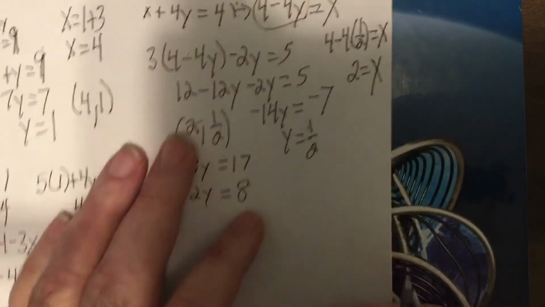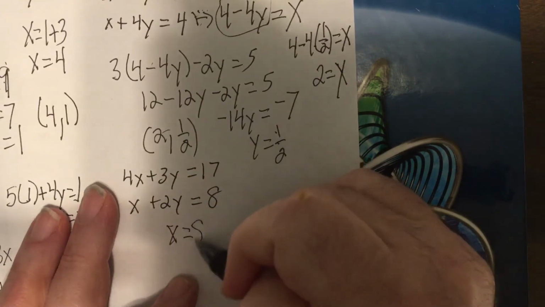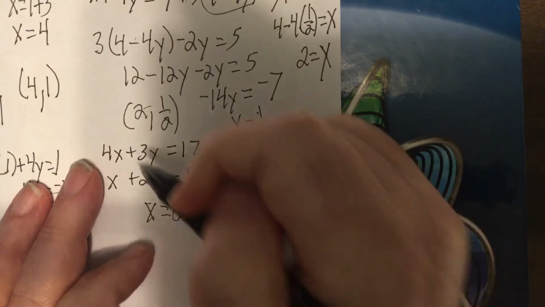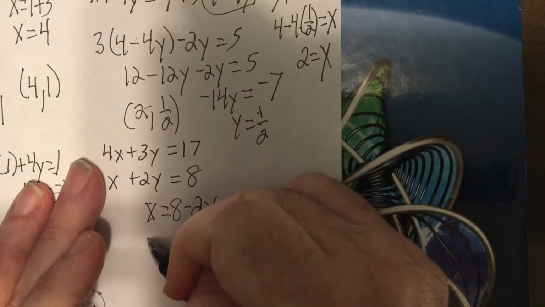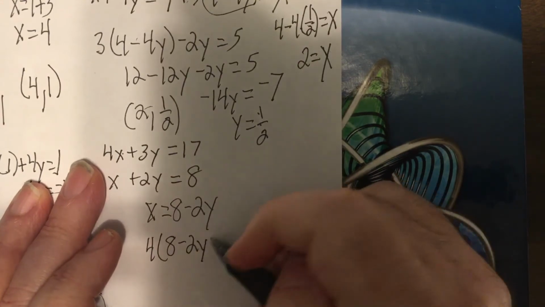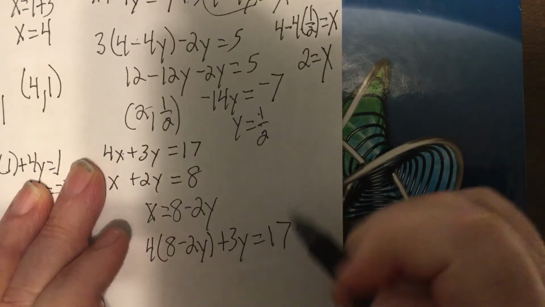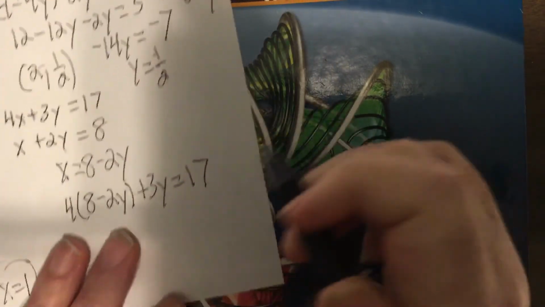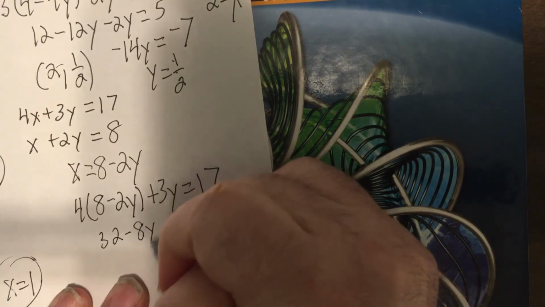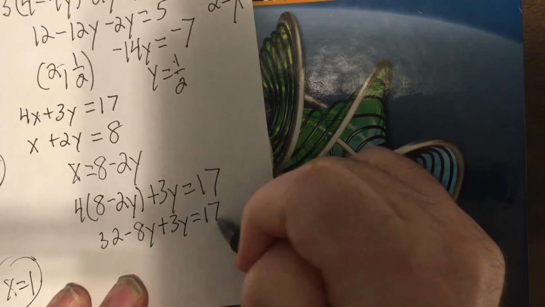Yes. This one. So solve for the x. X equals 8 minus 2y. Now I'm going to put that into the first equation for x. So 4 times 8 minus 2y plus 3y equals 17. So 32 minus 8y plus 3y equals 17.